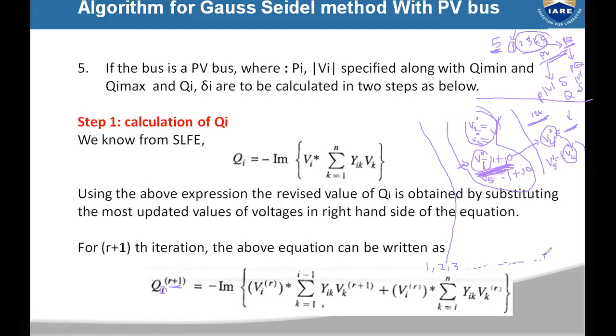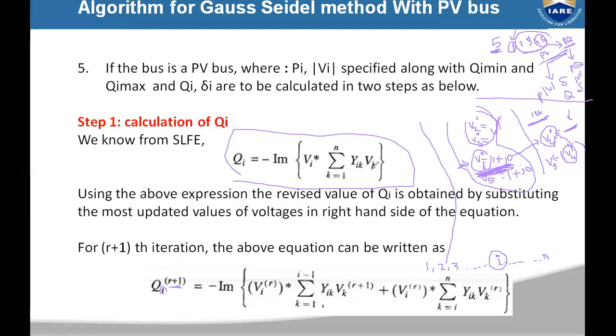In the middle, let us assume one ith bus. Now you are calculating the reactive power at the ith bus. How can you calculate this reactive power using the load flow equation, which is minus the imaginary part of Vi conjugate into sigma k equal to 1 to n of Yik Vk.